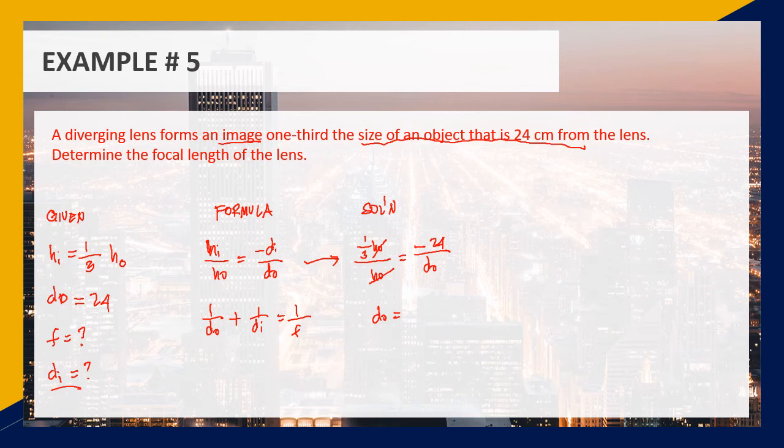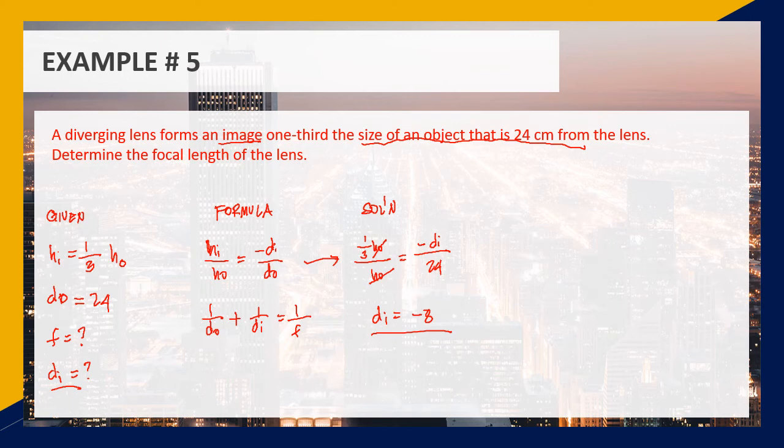Next, we know negative distance of image, and the distance of object is 24. So the distance of the image now is equal to negative 8, negative 8. Okay, that is the distance of the image.